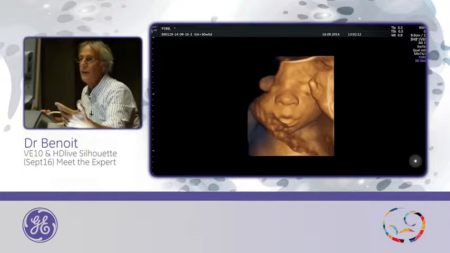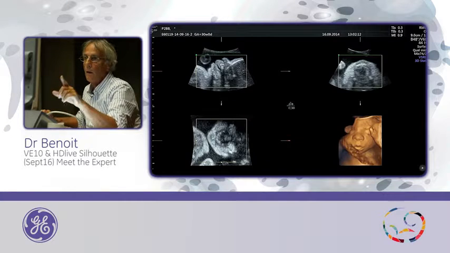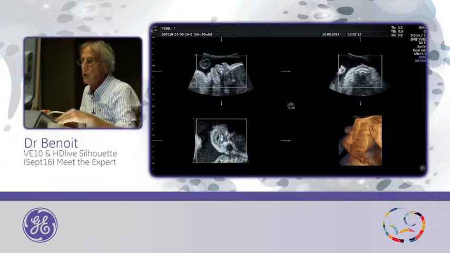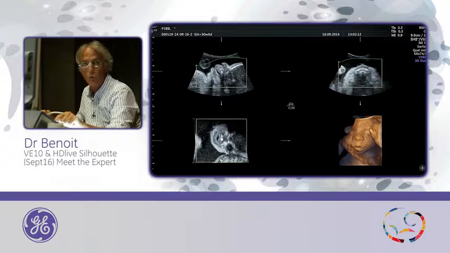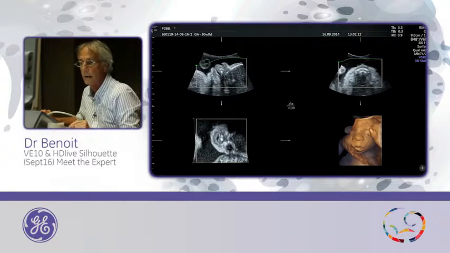And if something is in front of the face, you can use Magic Cut, you can move the position of the box, but also you can use Sono Render Start. And when you use Sono Render Start, the computer will find exactly where to put this green line.